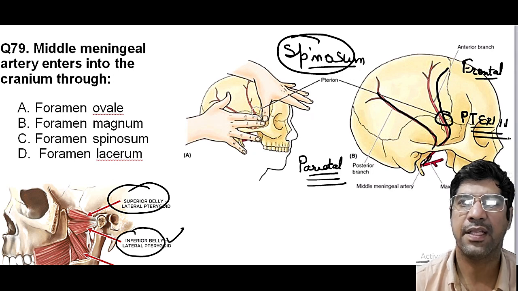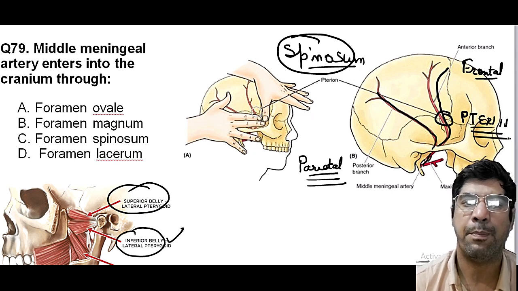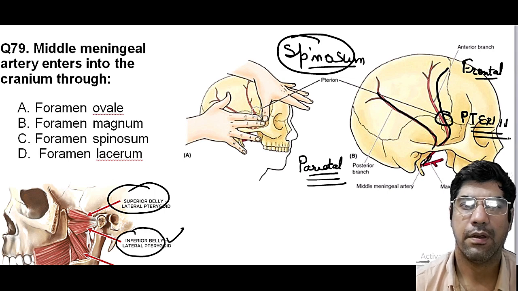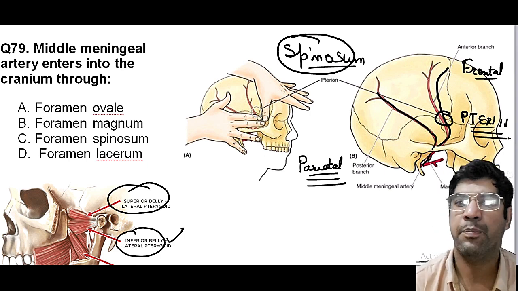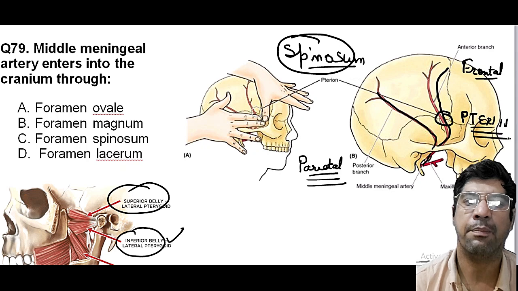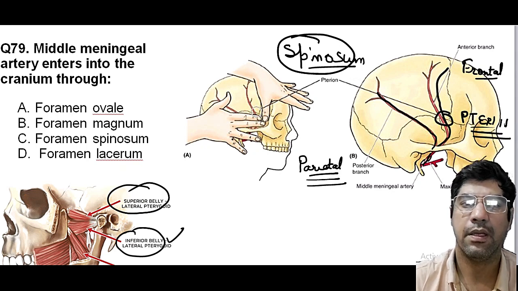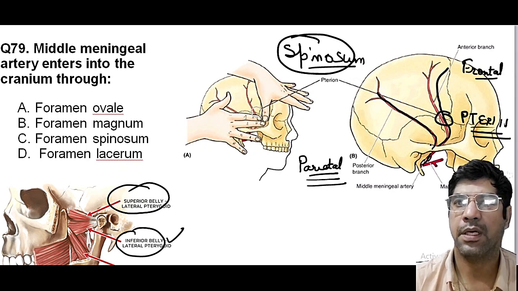After that, it moves upward and backward. Along with that, it comes close to an important area, the motor area of the brain, that controls movement.